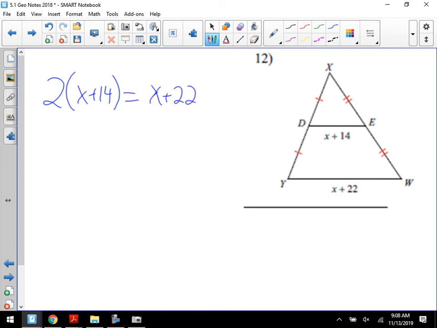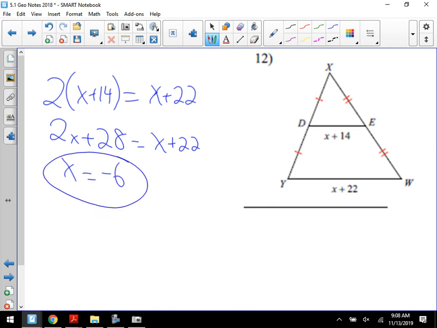When you do that, you have a 2x and a 28. Subtract the x, subtract the 28. Did you get negative 6? Is it okay to get negative values? Yes, because the segment isn't negative, but the x value is.